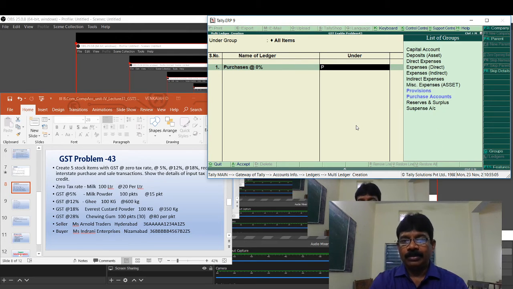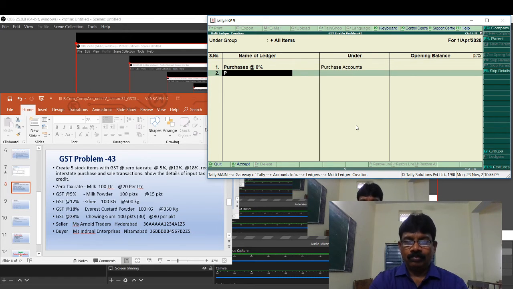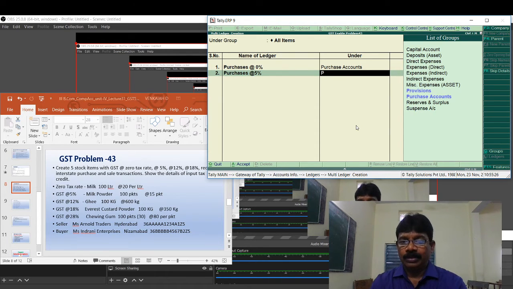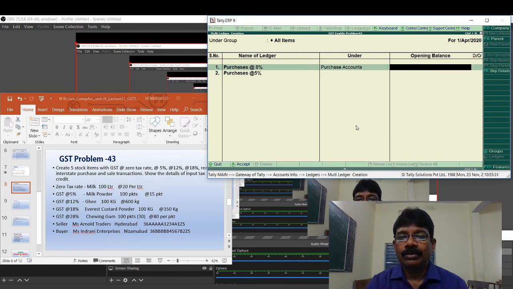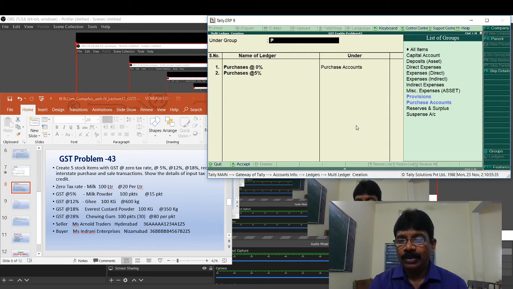Under purchases, purchases at the rate of 5%. Under purchases. So instead of all items, we can take the purchases group here.